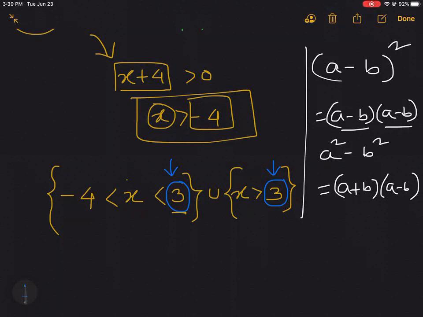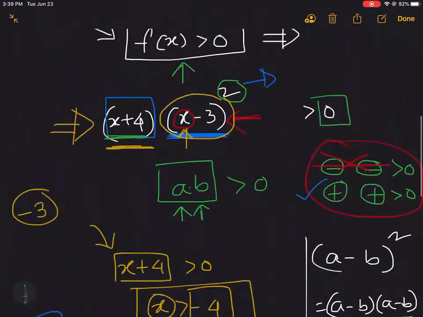Before we go any further, any question up to this? It's really important to understand it. This is the solution set we are looking for. We are trying to solve the inequality, and this is definitely the solution. Any question from this? How does 3 make the whole function 0?